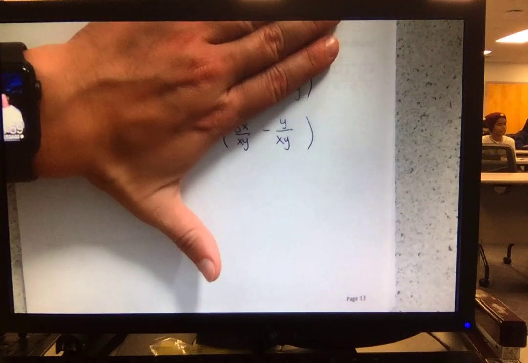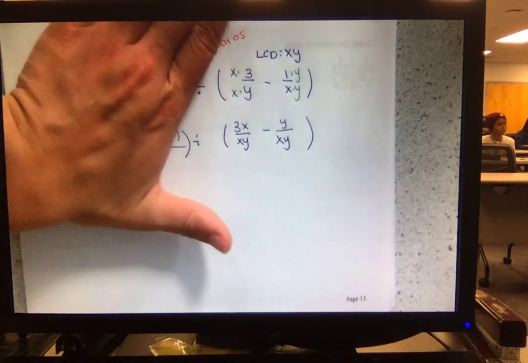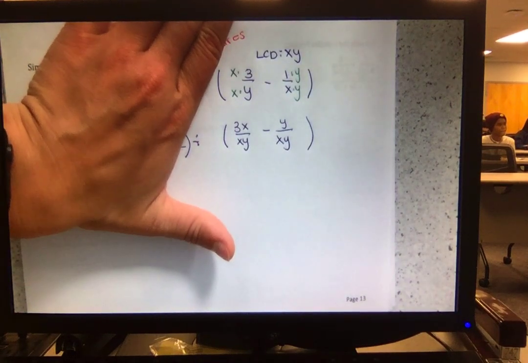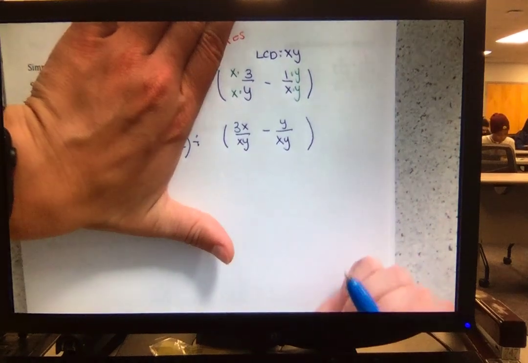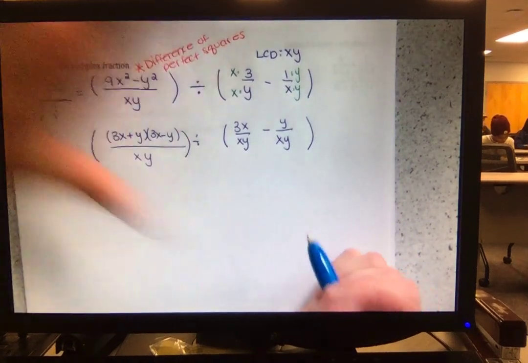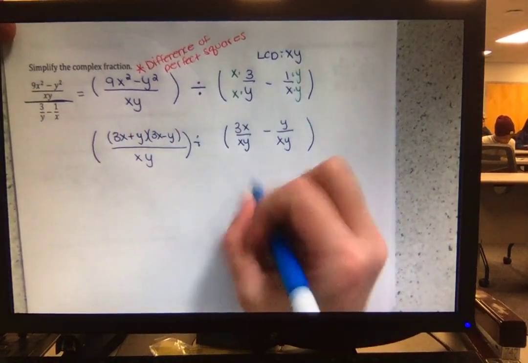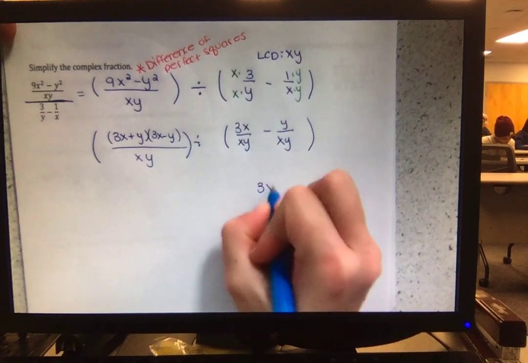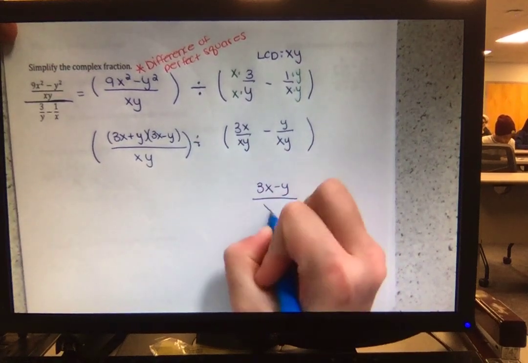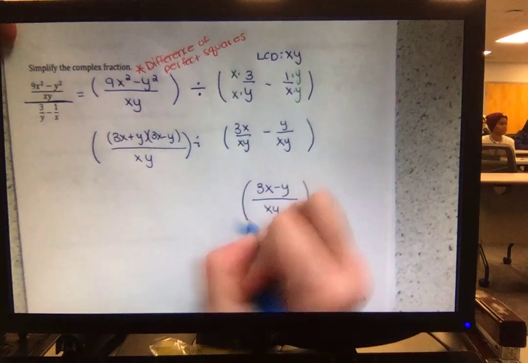Now these have like denominators, so I can combine them into the same fraction. So now I have 3x minus y all over xy.